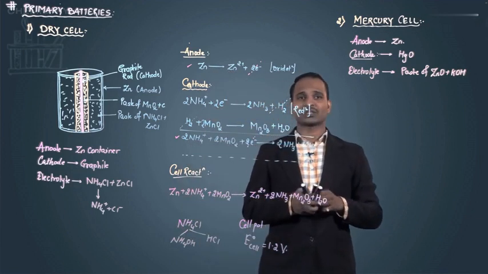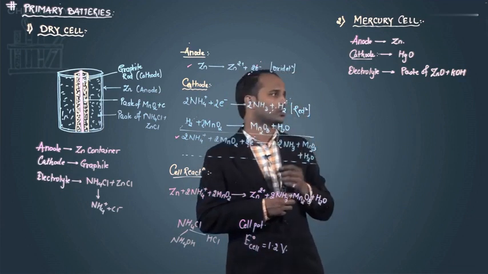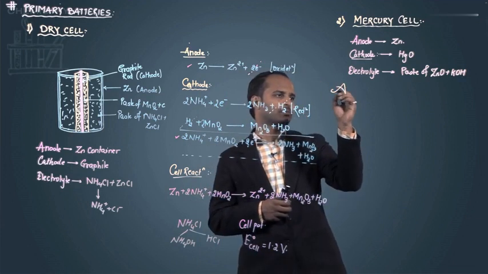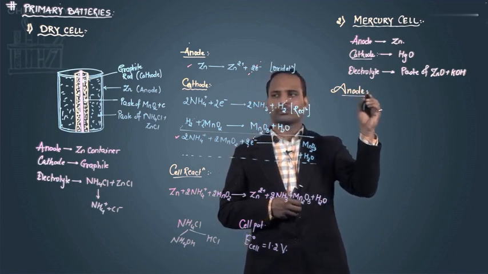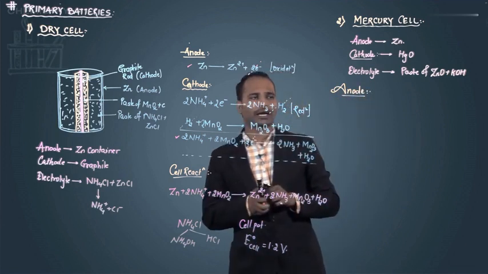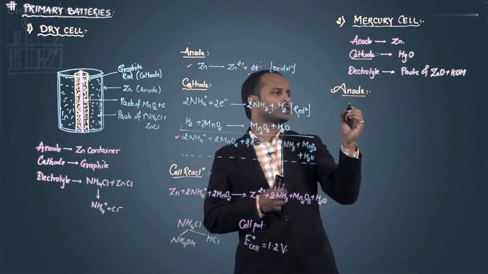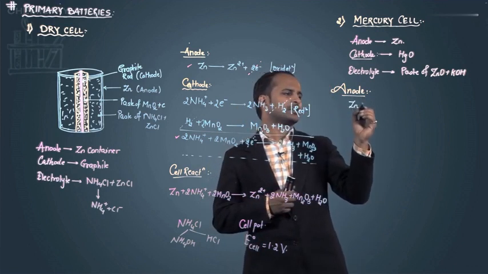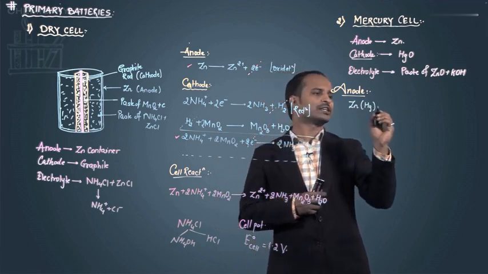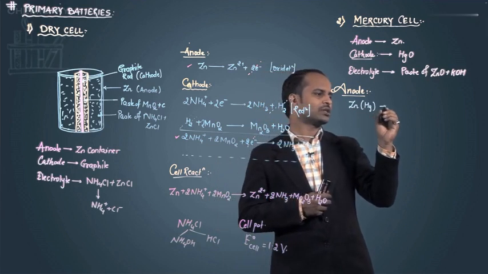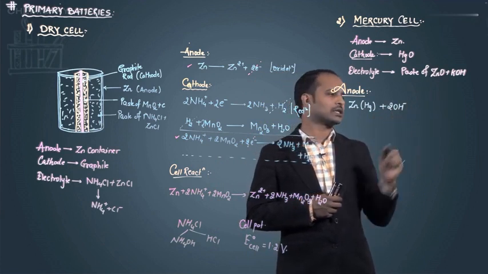Now let's see what reaction takes place in the mercury cell, the reactions on anode and cathode. First, the reaction on anode. The anode, which is made up of zinc, contains a little bit of mercury, that is zinc amalgam. That zinc amalgam undergoes oxidation in the presence of OH minus ion, which we get from the electrolyte KOH.